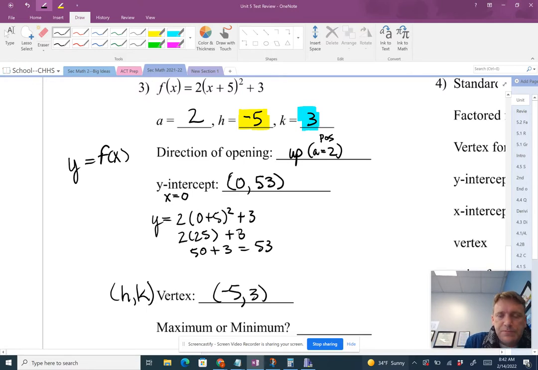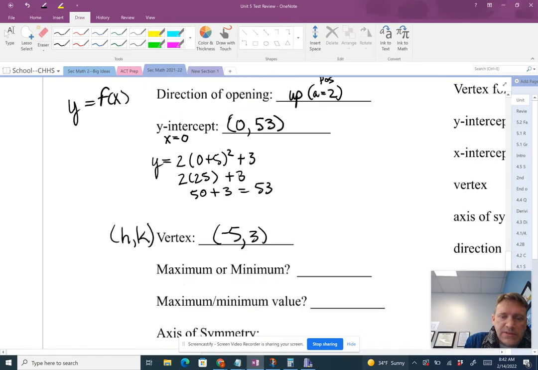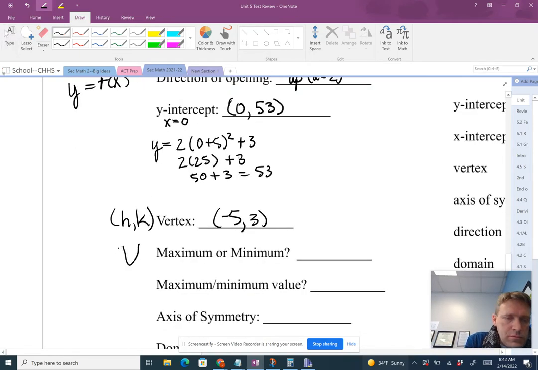So that's our vertex. It opens up, and so it would be a minimum because there is a lowest value. The minimum value is y is equal to 3. That's as low as it goes.